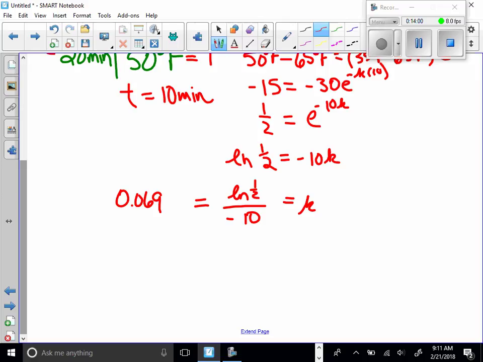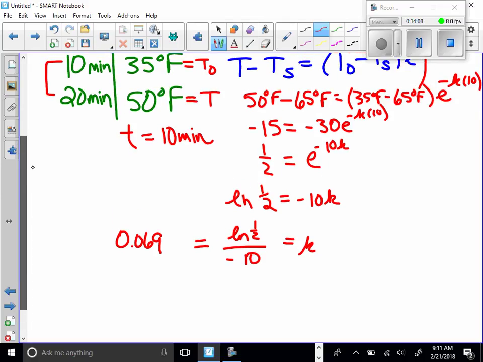Okay, well, but this is a different kind of a constant. Well, no, it doesn't make sense because this is degrees Fahrenheit here and this is degrees Fahrenheit here. And when I divide both sides by negative 30 degrees, this 1/2 has no units now.